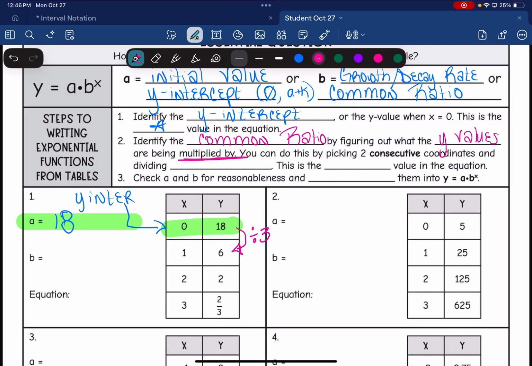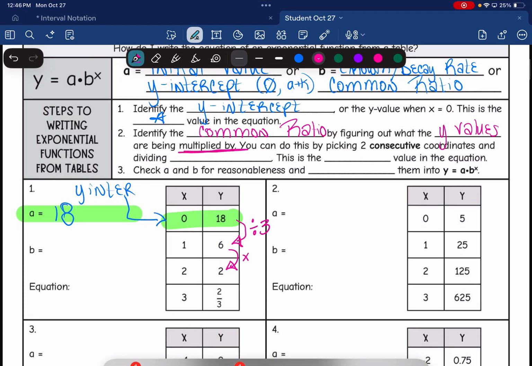If you can determine the division, because that's the easier part, you take whatever you're dividing by and put it as a denominator, with a 1 on top. So divided by 3 means 3 goes as the denominator, and a 1 goes at the numerator. So my common ratio is 1/3.